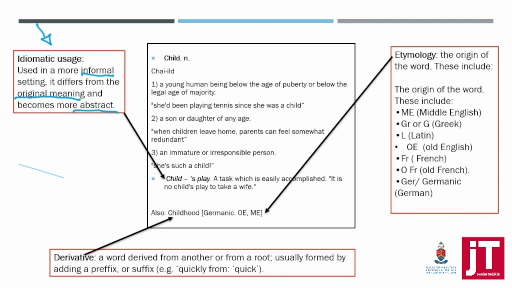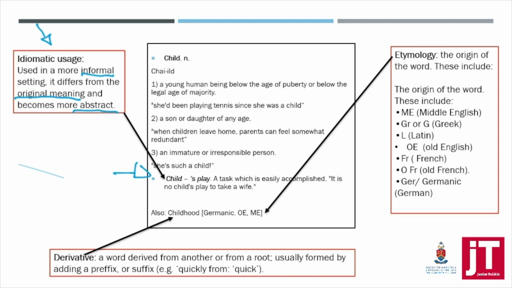So as you can see over here with child's play, it's something that we often say, which basically means, well, this isn't a very serious thing. A child could do it when they're playing. So that's sort of the idiom usage of the word child. Okay, so they will throw an idiom or something that's less formal, that's colloquially used at the bottom of a dictionary definition, and that is what it looks like.